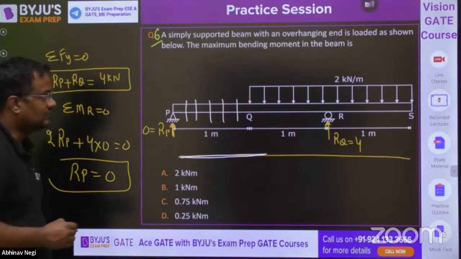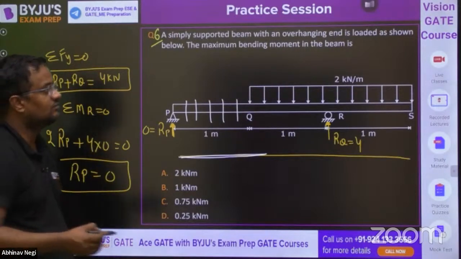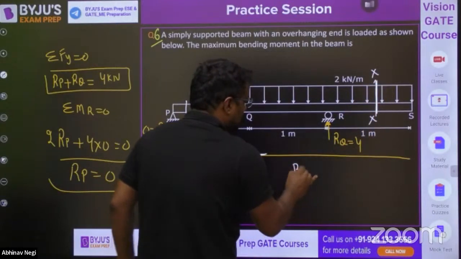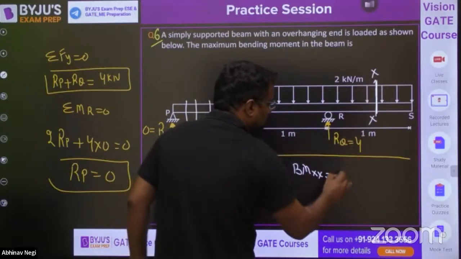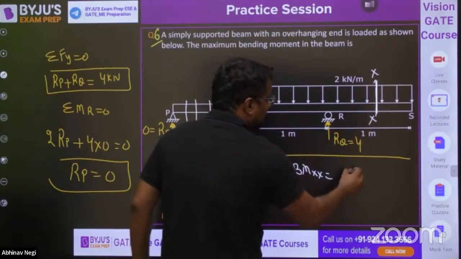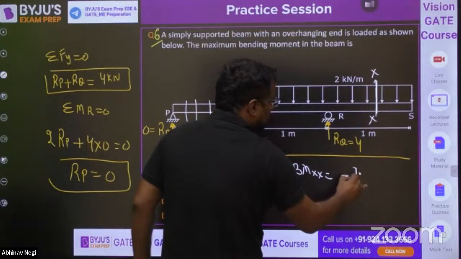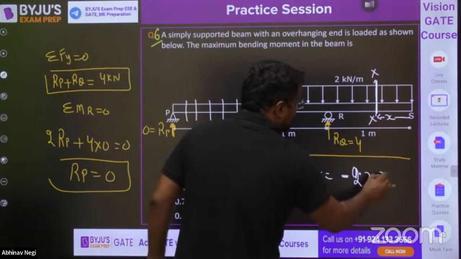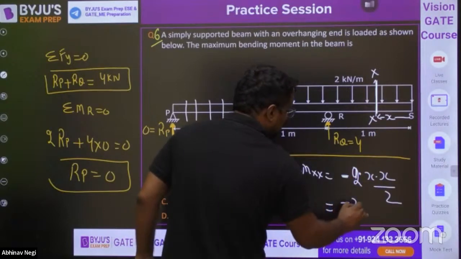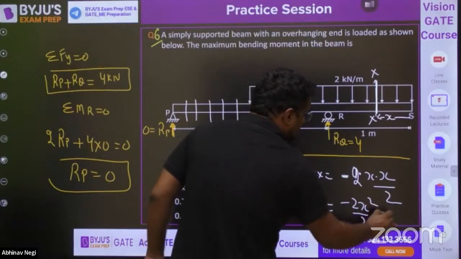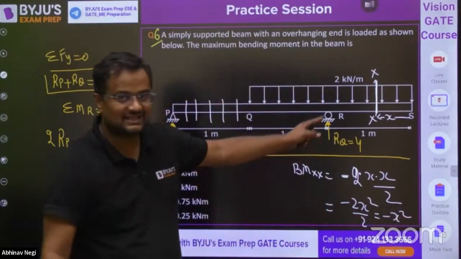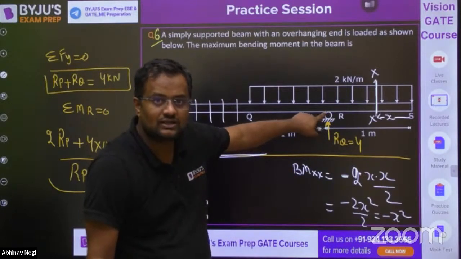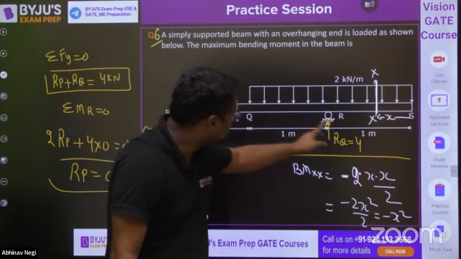Now if I find the bending moment at section XX from the right-hand side, the downward load gives negative, 2 into X into center of mass X by 2. So it is minus 2X square by 2, so minus X square. So the maximum value will be at X equal to 1.